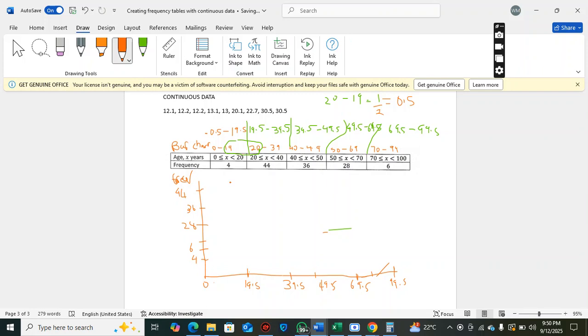And then you just make it: from 0 to 19.5, the frequency is 4. From 19.5 to 39.5, it's 44. From 39.5 to 49.5, that is 36.